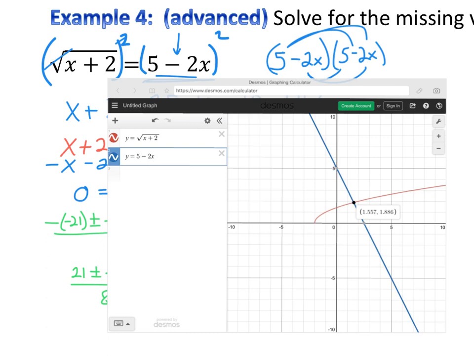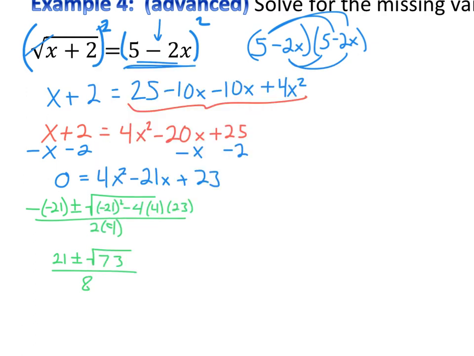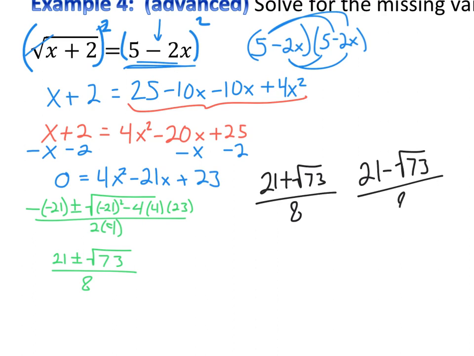Let's see if I can get it to cooperate with me. Apparently I can't. So I'm going to have to get rid of this. My two exact answers are 21 plus radical 73 over 8, and 21 minus radical 73 over 8.